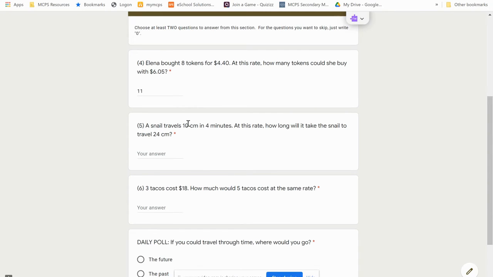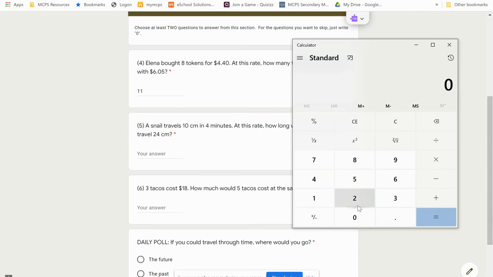Oh, well, I'm not done. So I found out how long it takes the snail to travel in 1 minute, which is 2.5 centimeters. Now they're asking, well, what about 24 centimeters? So let's go back there. 24 divided by 2.5 is 9.6.